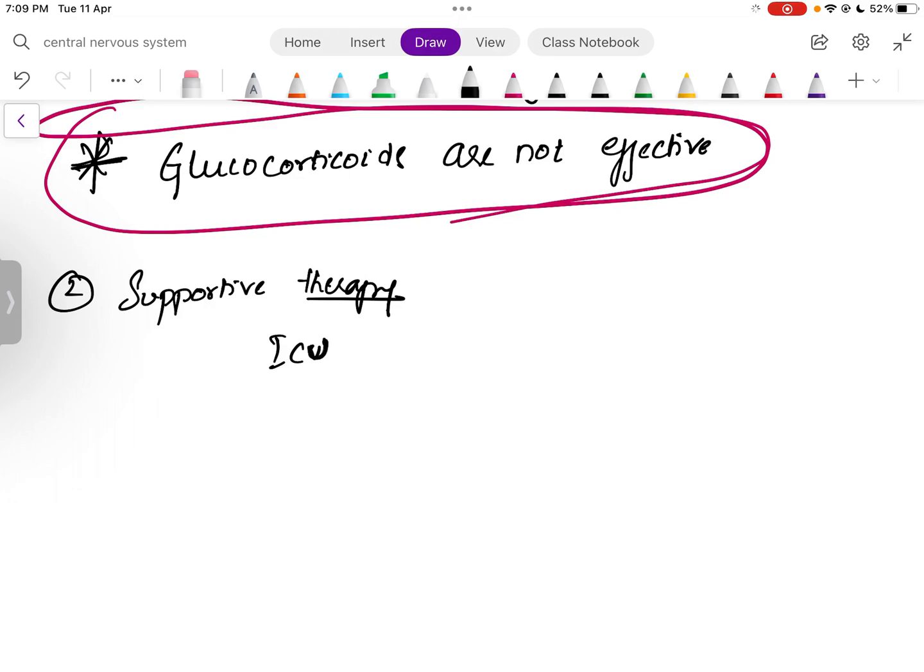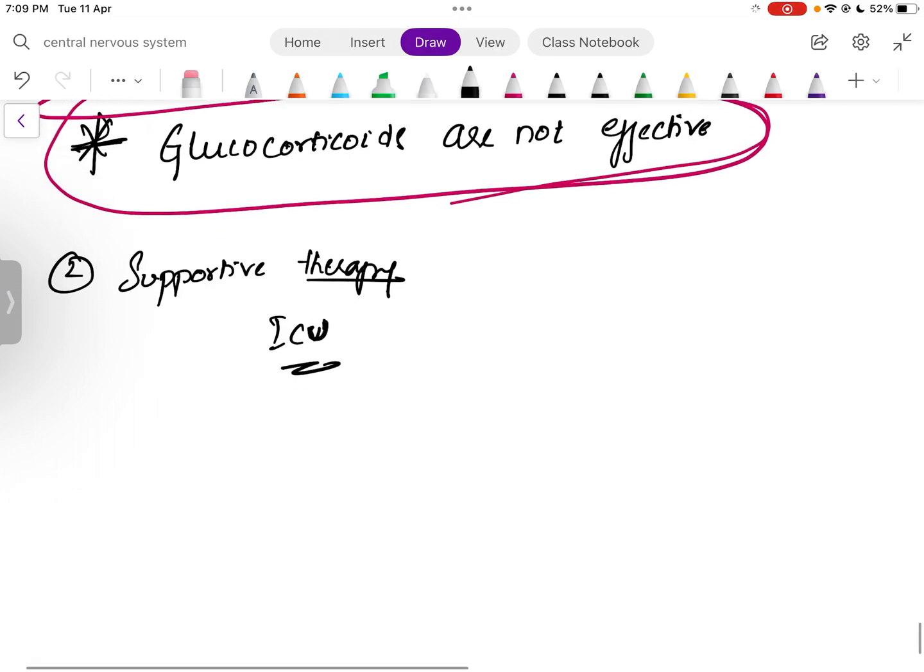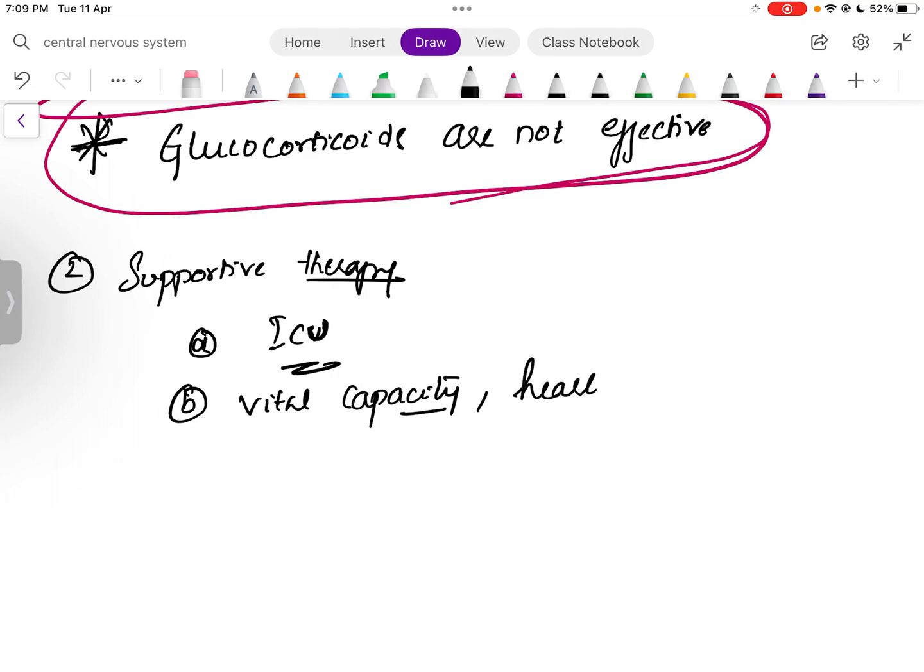Next, you have to give supportive therapy. You have to manage in an ICU, a critical care setting, and you have to check vital capacity, because in Guillain-Barre syndrome, patients will die due to pulmonary complications. You have to monitor heart rhythm, because autonomic symptoms are life-threatening.